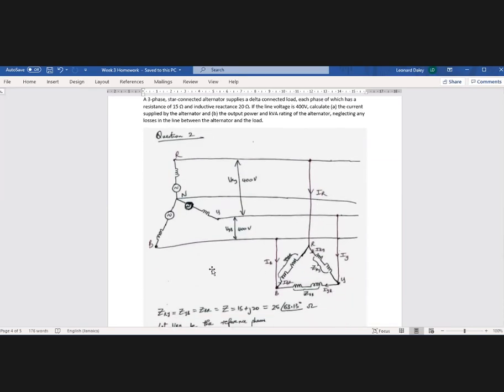All right, so this is what the circuit looks like. A three-phase star connected alternator. Alternator is another name for a three-phase synchronous generator.